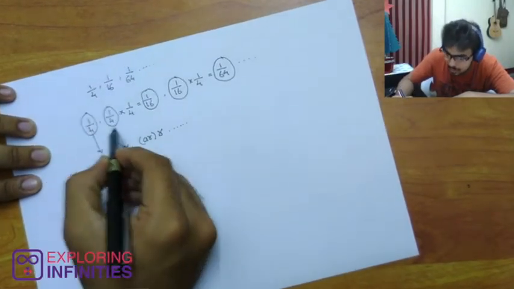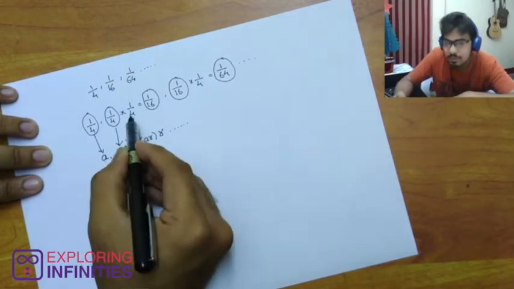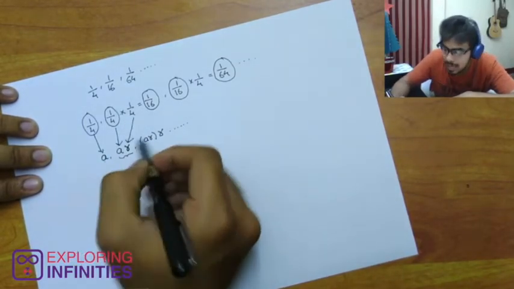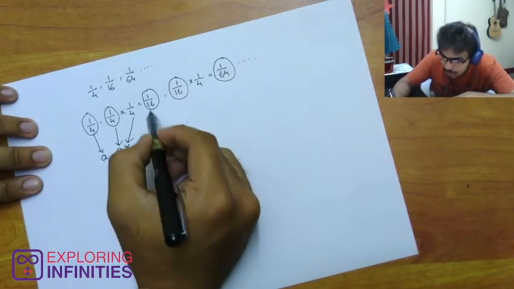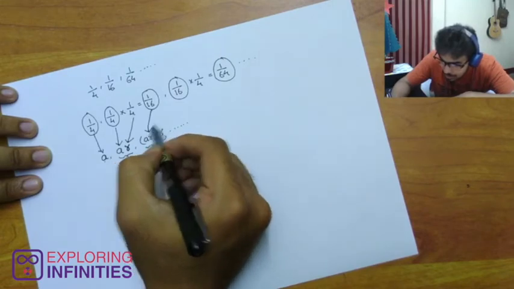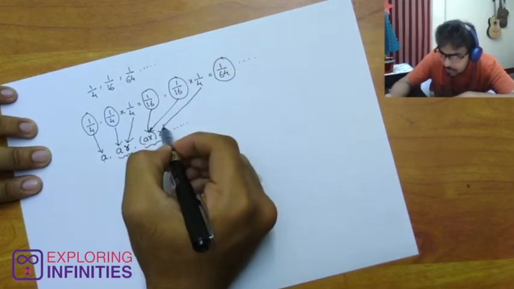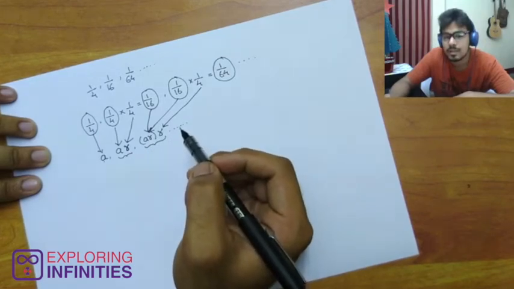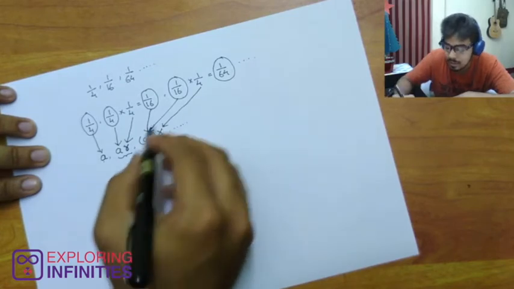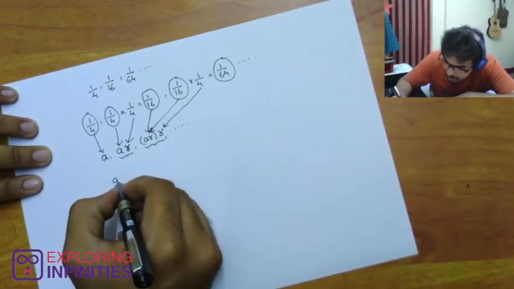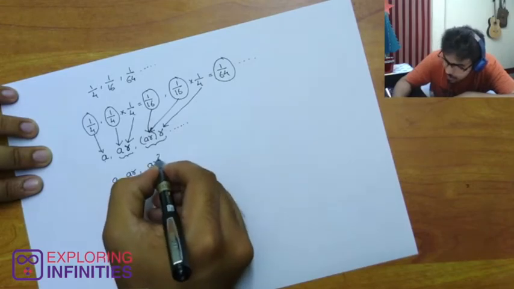AR is 1/4 into R, which is 1/4 again. And AR into R. AR is what we got as 1/16, and this 1/16 we are multiplying with R again. So simplifying this: A, AR, AR square, and so on.